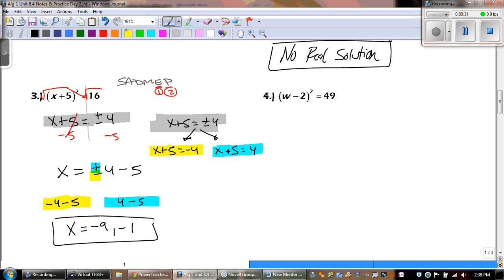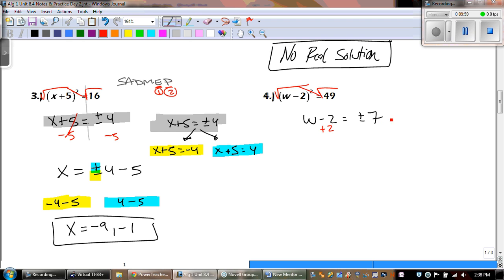Okay, so number 4. We have parentheses, so we're going to do SADMEP. The first thing we do is get rid of the square. So we have y minus 2 equals plus or minus the square root of 49, which is 7. Now, to get rid of that 2, we're going to add 2 to both sides.